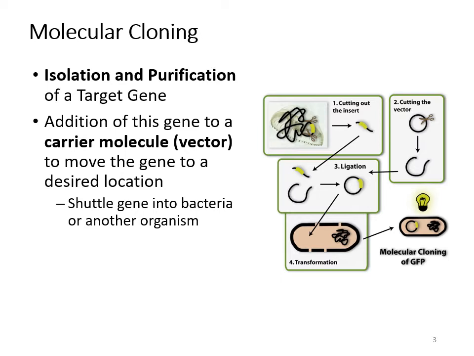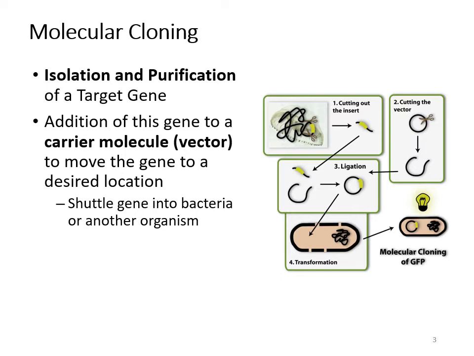Once you do that, your target gene that you cut out of a genome from either human or yeast or bacteria now has the same sticky ends as the vector that you just cut open with the same enzyme.